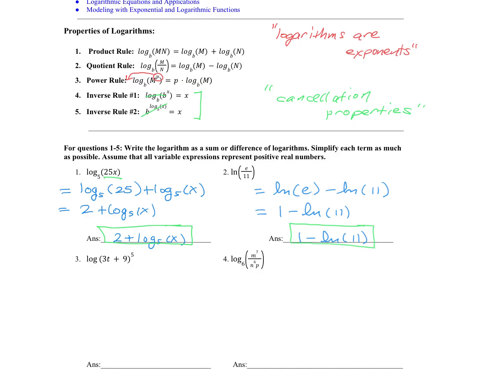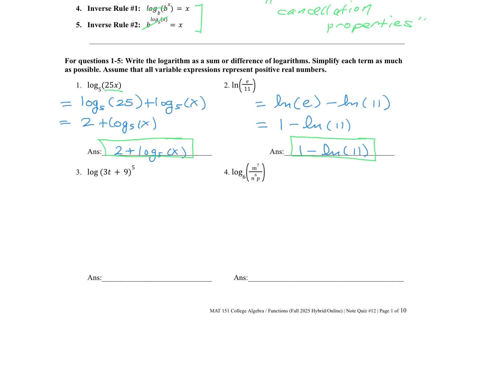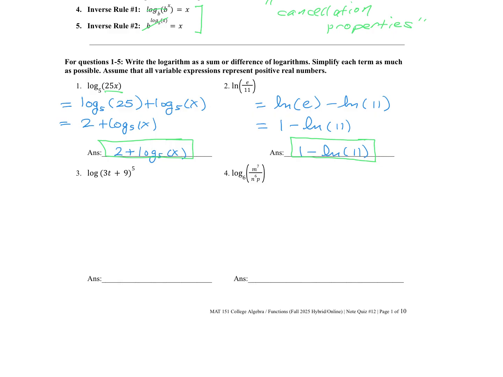For our next two problems, you will notice that we have exponents this time. For the first one, we have log base 10. We're not writing it, but there's a base 10 there because that's a common log. And we've got a 5. That 5, from property 3, can come down as a coefficient on the logarithm.